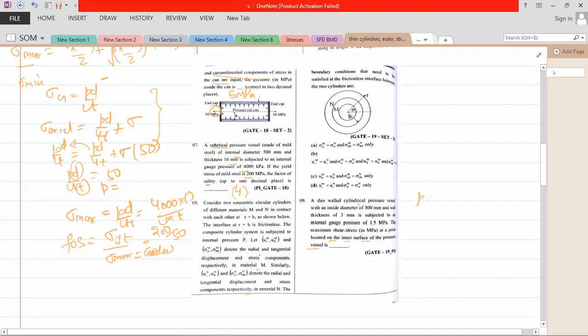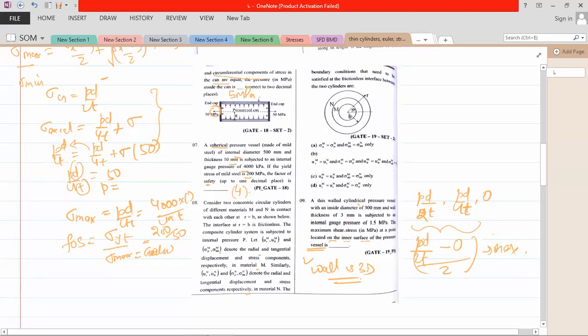So it is PD by 4t, PD by 2t, PD by 4t and 0, because it is asking inside the wall. So you know the wall is 3D, so it has three components of stresses. Your maximum value is PD by 2t, your minimum value is 0, divided by 2. This is your maximum shear stress. So these are the values.